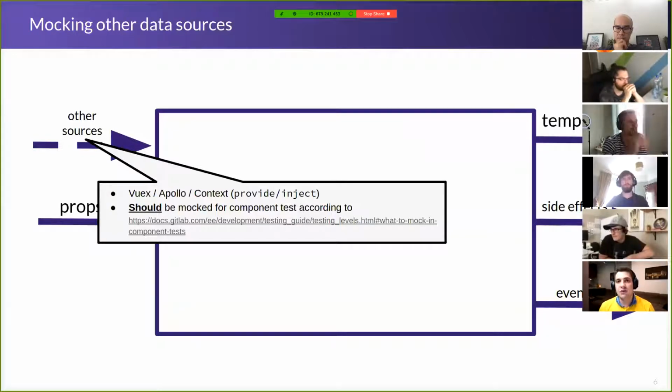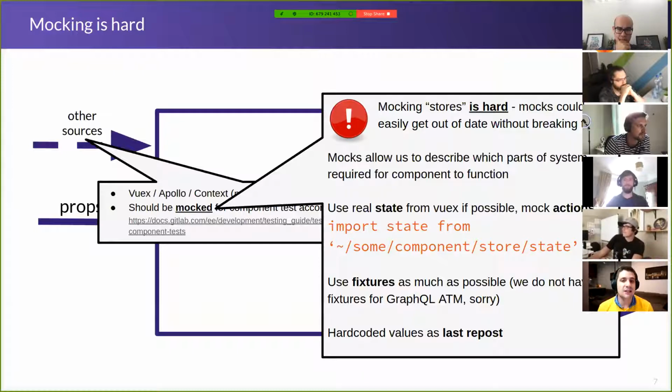Mocking it allows us to understand which part of this, let's call it remote state, is required for this component to function. But building proper mocks for such stores is hard because mocks could easily get out of date without breaking a test. We updated our store structure, but forgot to update the other component's test which mocks this store.